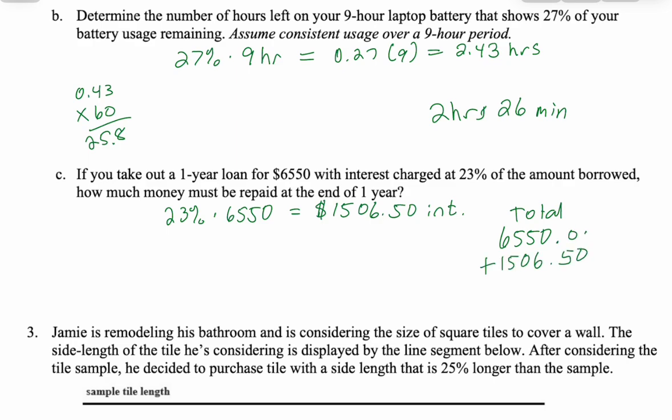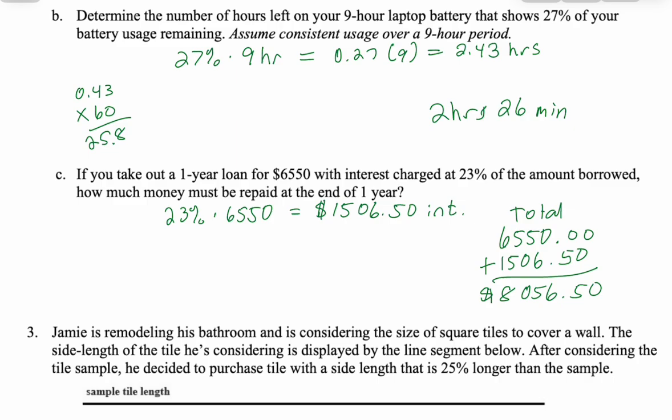Now, one has cents, decimals, and one does not. So I'm just going to put that decimal there and put some zeros on. And that gives us a total of $8,056.50. That's one way to do that problem, and that way is perfectly acceptable.